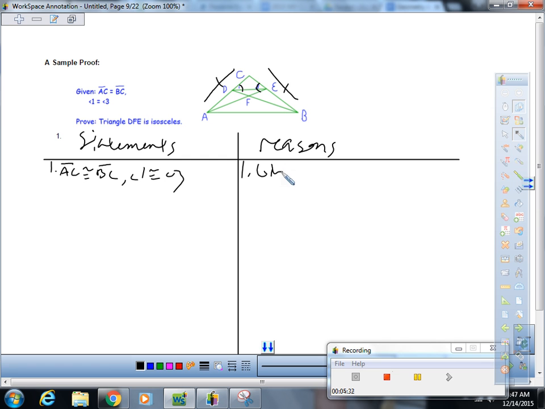That's given. So then from there I said angle CAB is congruent to angle CBA, and that would be if sides, then angles.